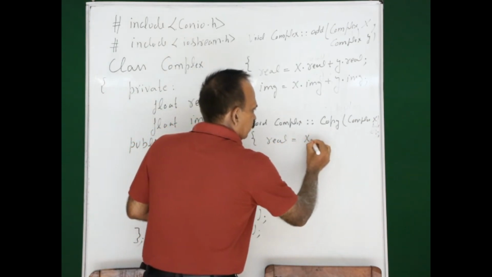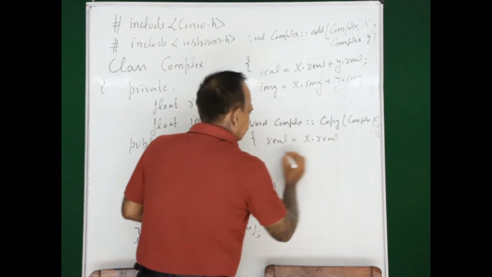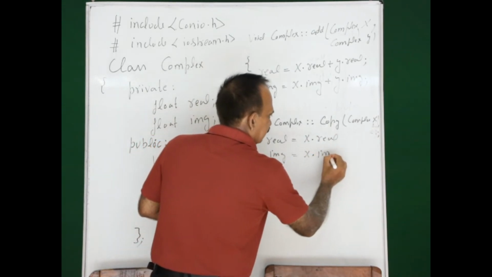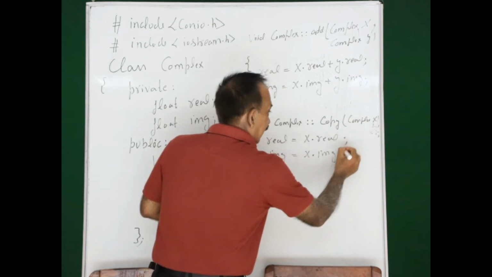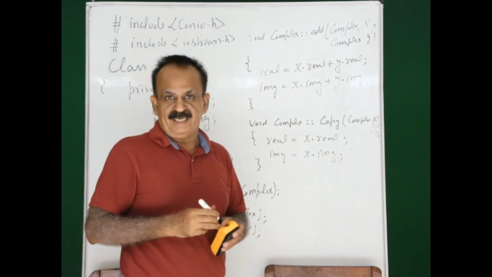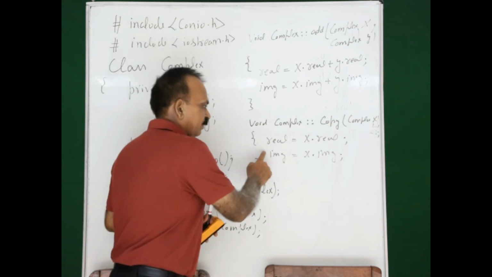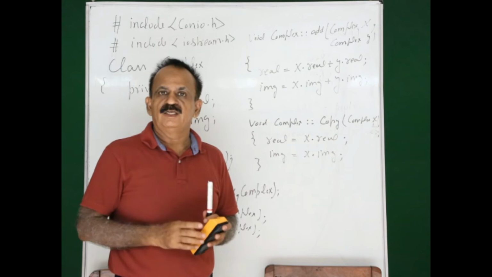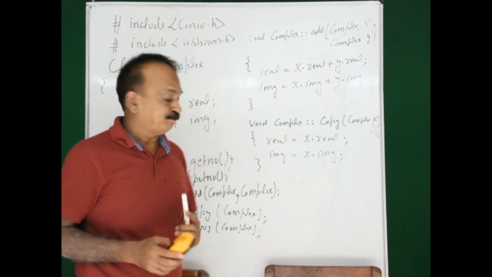Real is equal to x dot real and imaginary is equal to x dot imaginary. Object x is copied to the calling object. With no dot operator, these are the two members of the calling object.